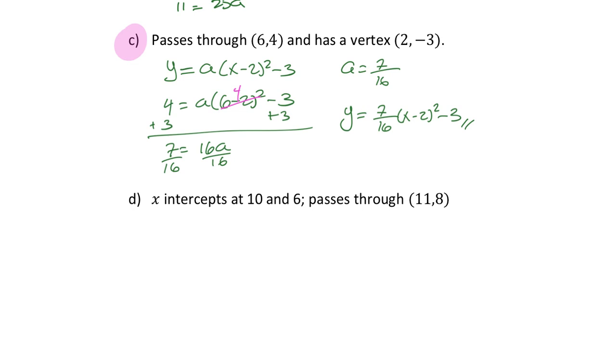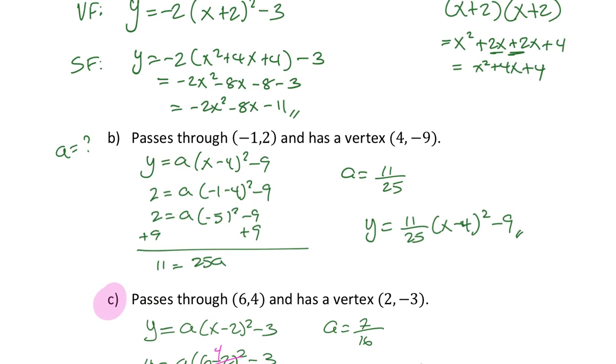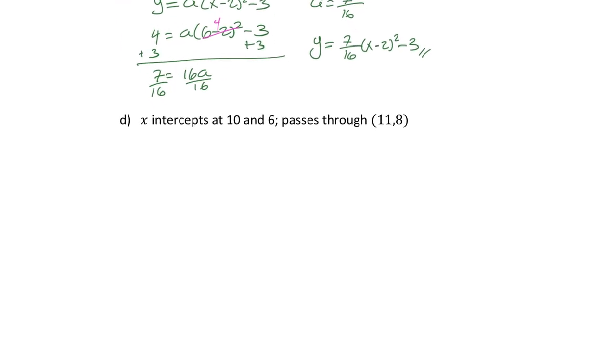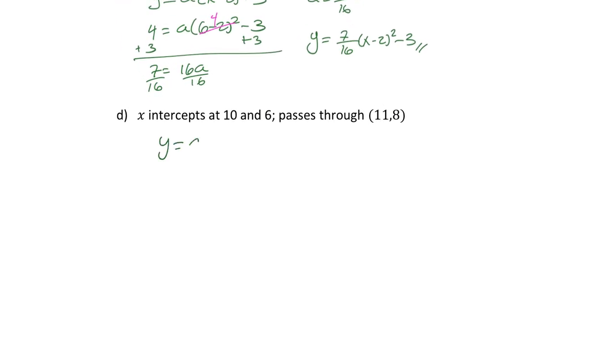Letter D is giving me the intercepts, right? So now I'm going to use this formula right here, where I'm going to have a, so y equals a, then I have x minus 10 times x minus 6. Again, inside here are the opposite of the x-intercepts. In this case, I'm going to start by substituting the point again.